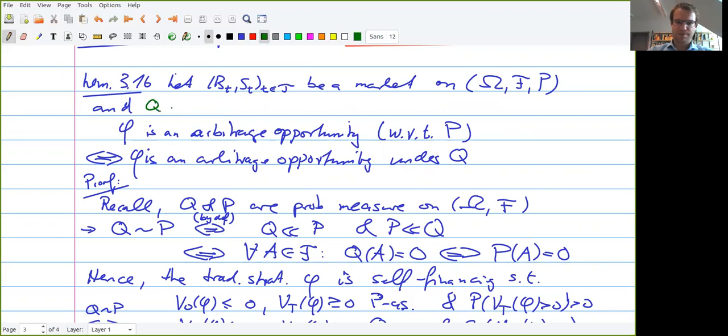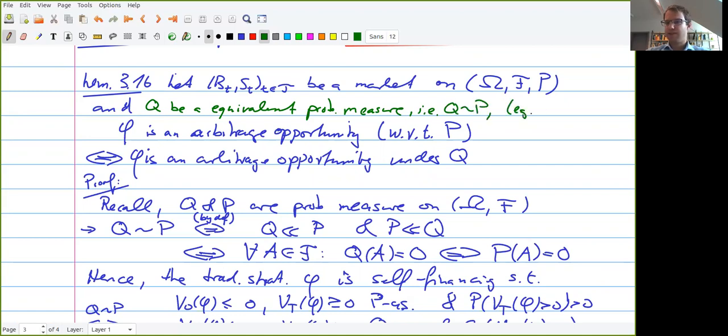And let Q be a probability measure, so Q and P are equivalent.